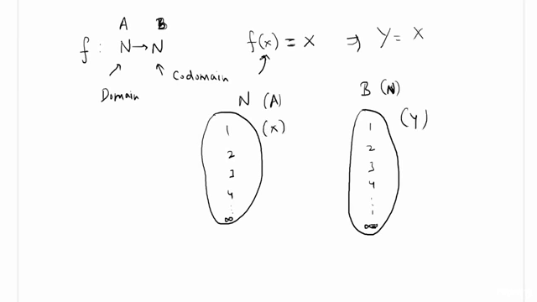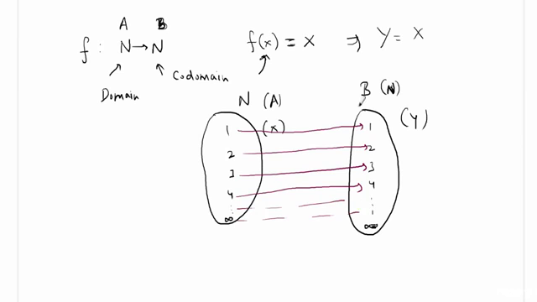Now if you try to map it, you can see that 1 will be associated with 1, 2 with 2, 3 with 3, because when x is 1, y is also 1, and similarly so on. So all the values possible in set B are associated with at least one element of set A. There cannot be any value in B which is not associated with a value in set A. So such a function is surjective.